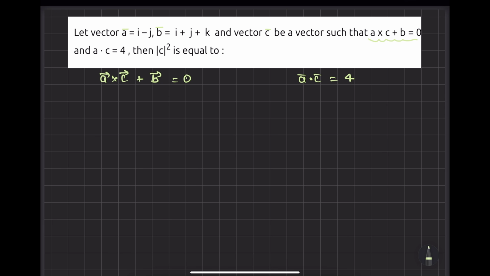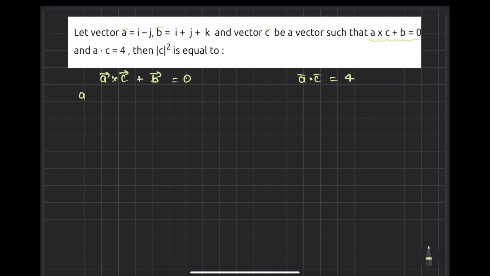With this idea, I don't know what I should do yet, so I'll go with multiplying by A on both sides. If it is not applicable, I'll multiply by B on both sides. If it is not applicable, we'll multiply by C, and the multiplication will be cross. Correct? So first I'll go with A.